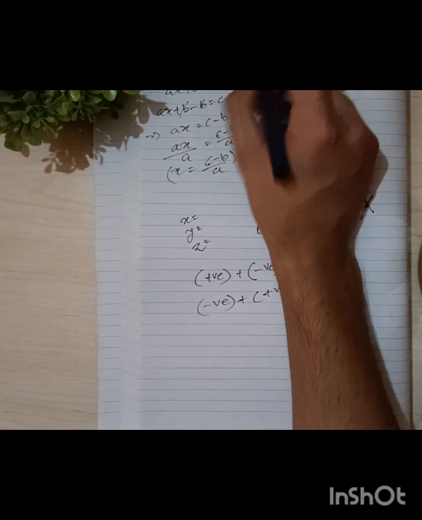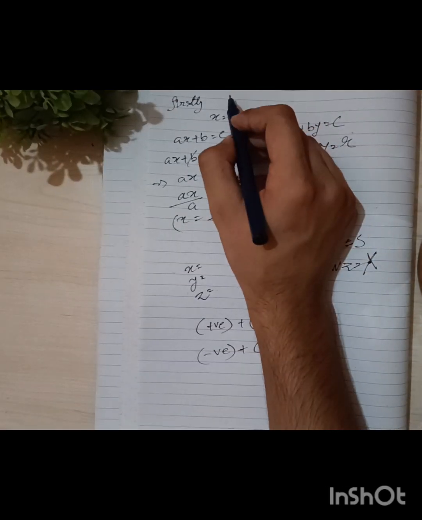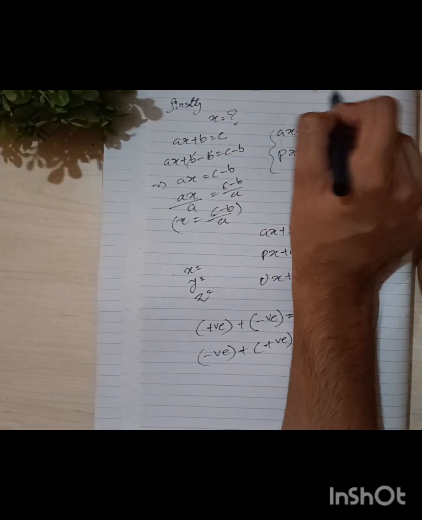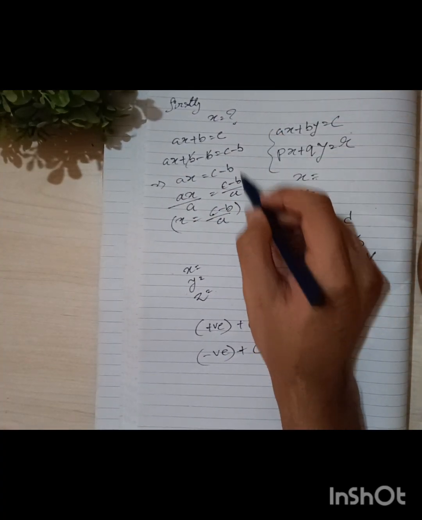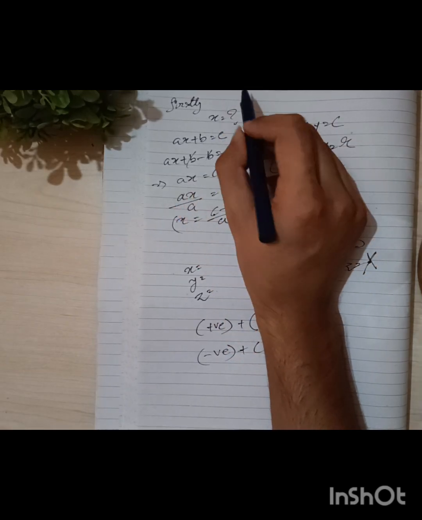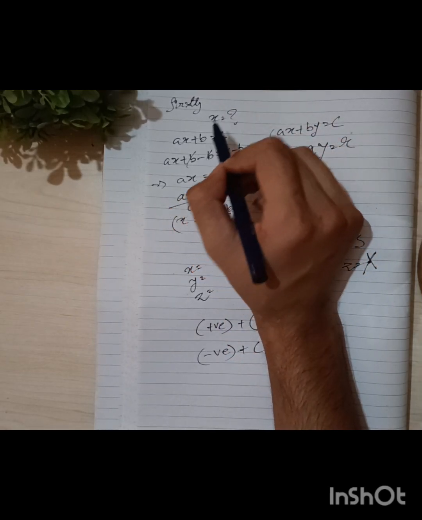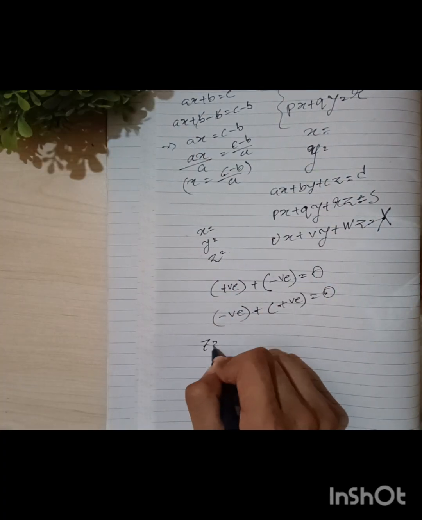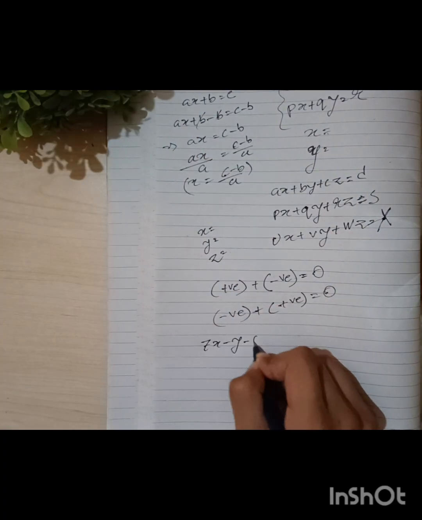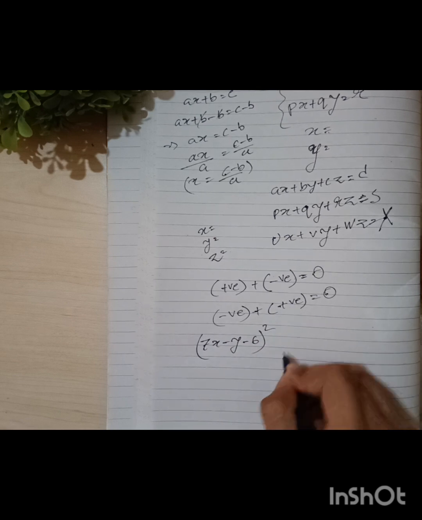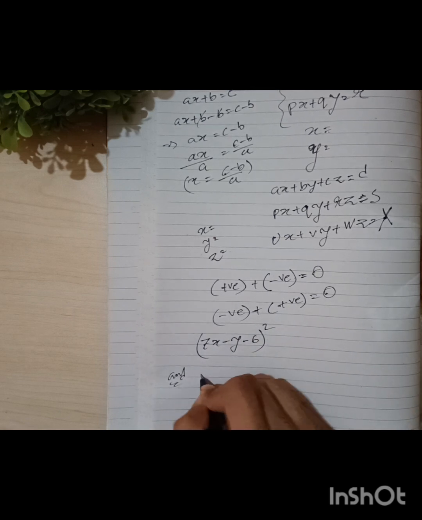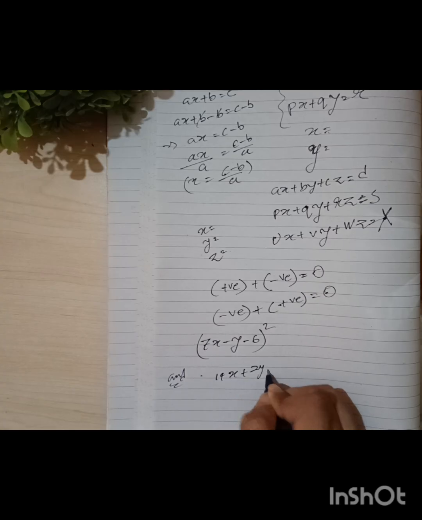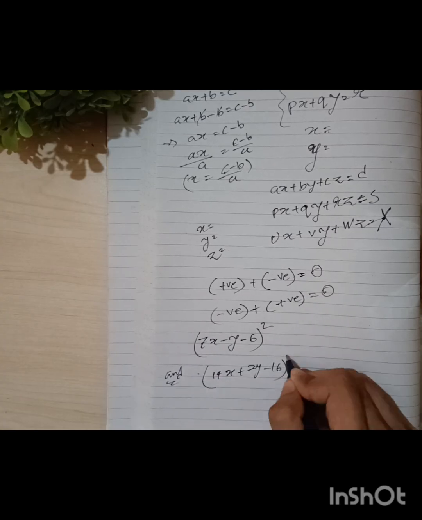But in this given equation, we can easily see that both quantities, this one and this one, are positive because they are both raised to 2. I mean 7x minus y minus 6 whole square and 14x plus 2y minus 16 whole square.